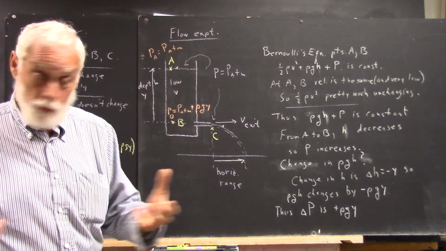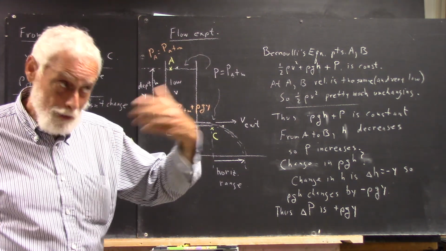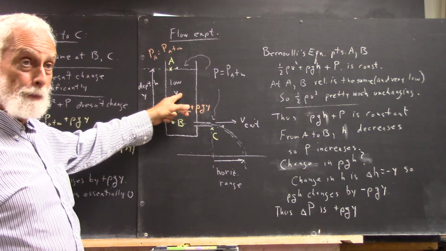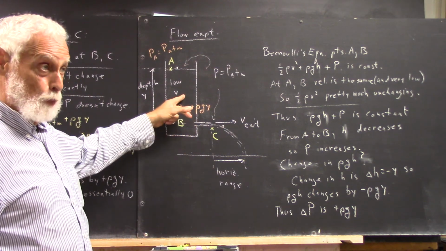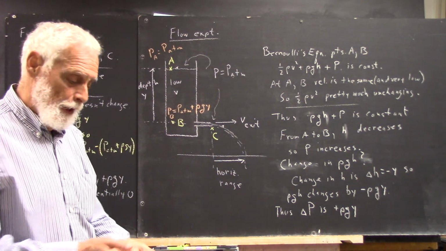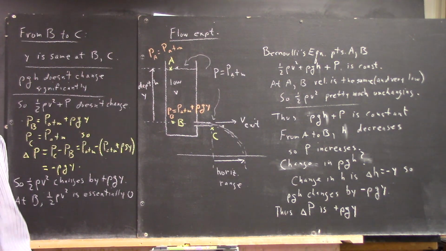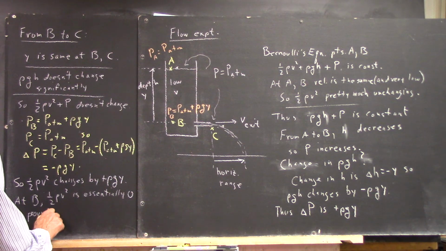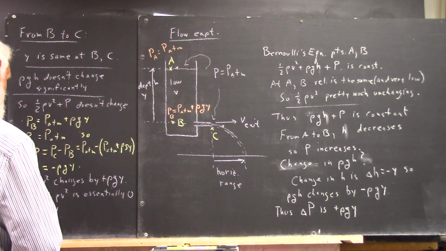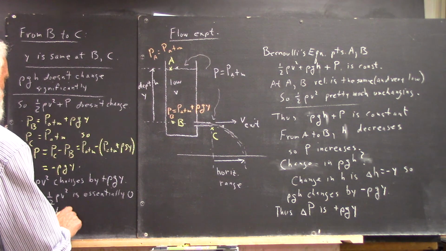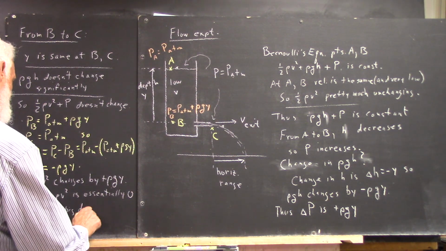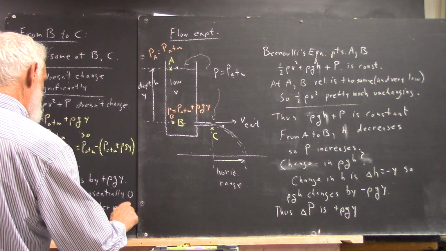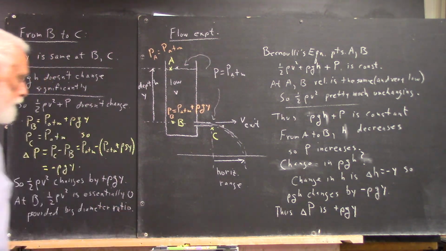And if you've done the problems with the cross-sectional areas and velocity and are getting a grasp on that, you'll believe then that this velocity is on the order of 1,000 times this velocity, at least for the system that we observed, right? And I can then say this is essentially 0 provided a big diameter ratio.